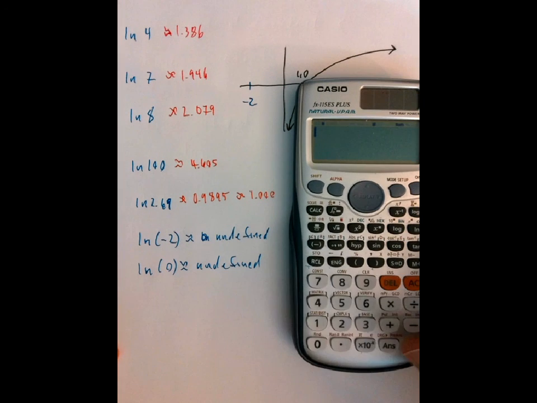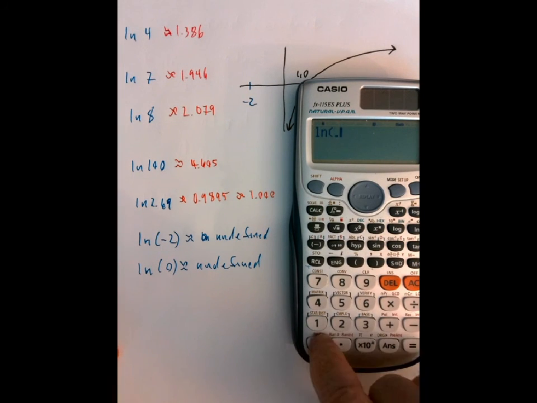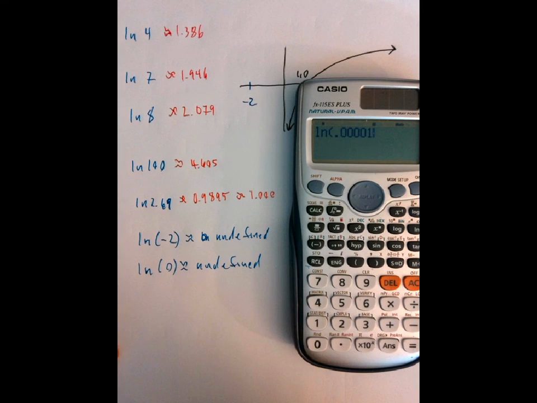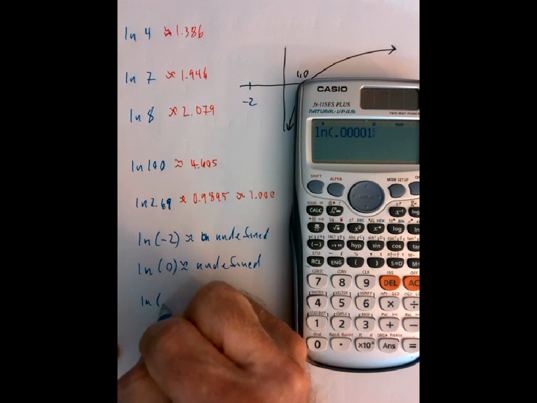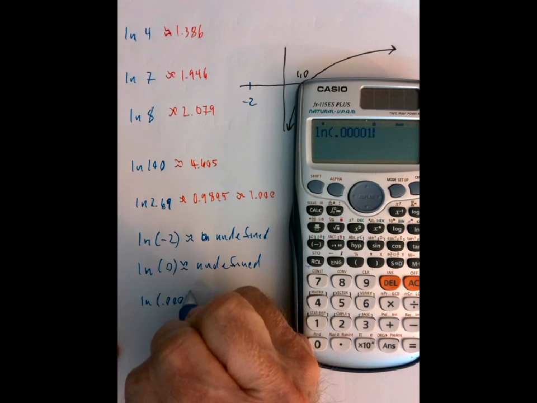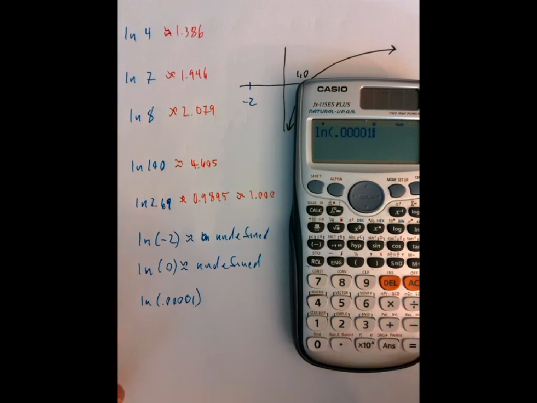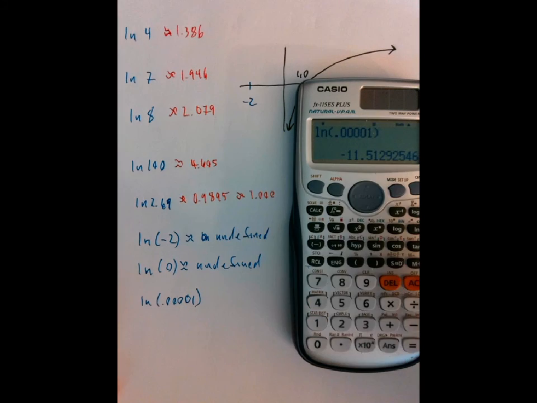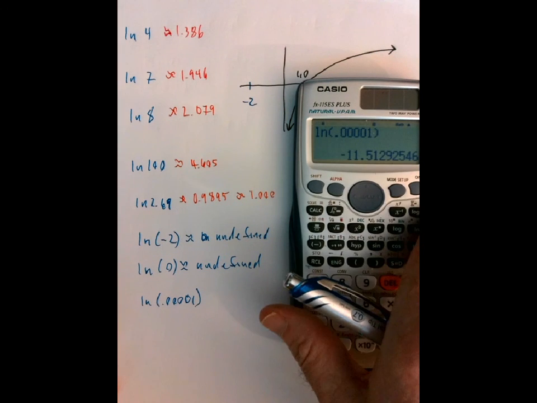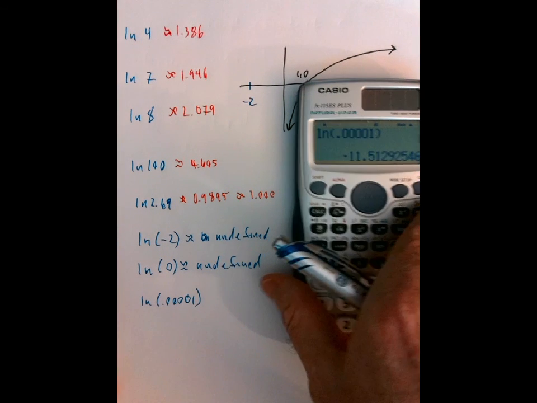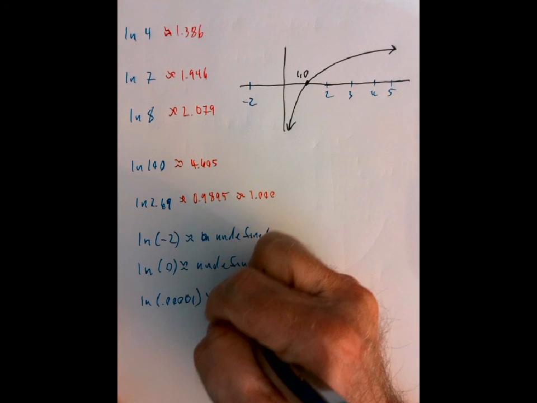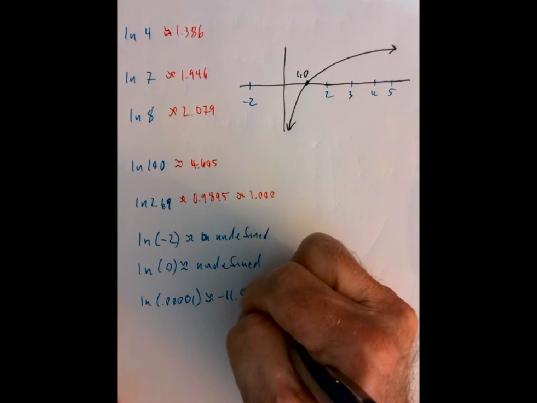If we try some really tiny number like ln 0.0001, four zeros, we get something negative, approximately negative 9.210.